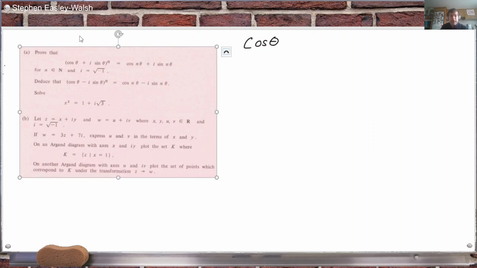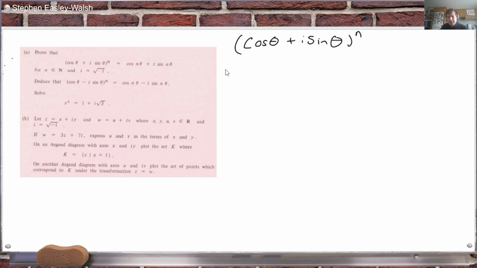It would have worked in 1984. This method I'm about to show you, the Maclaurin series, because I think that was still on the exam. So (cos theta plus i sine theta) to the power n.